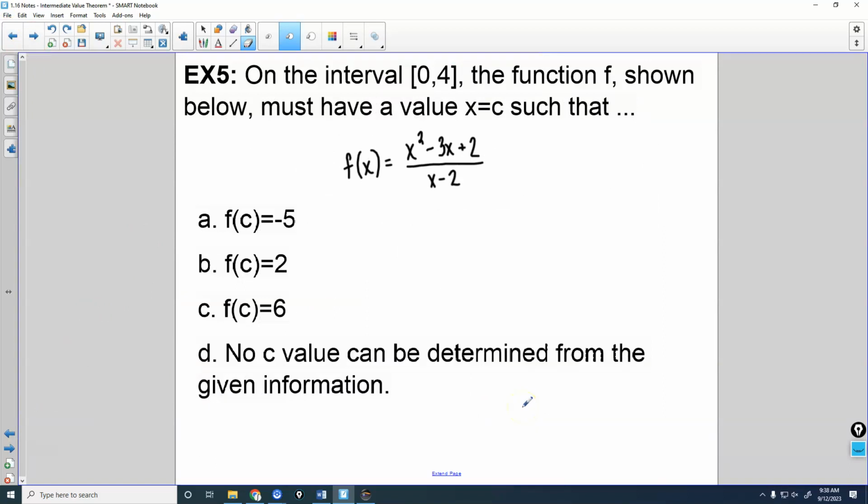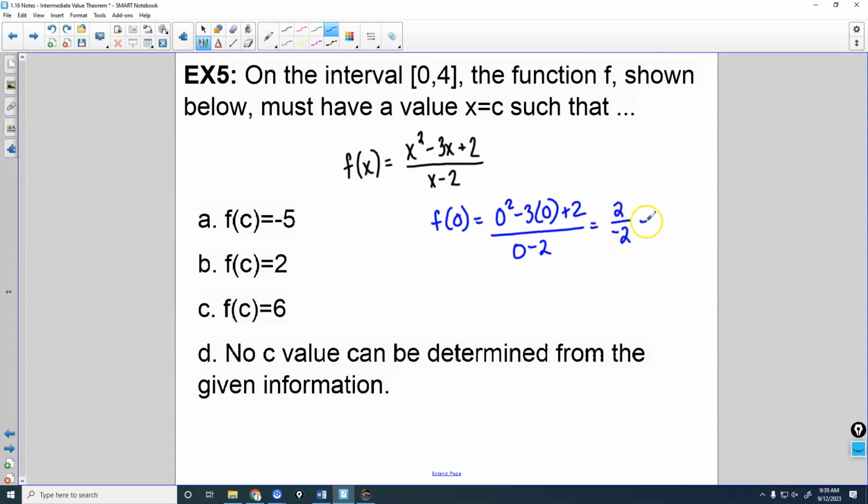All right, from 0 to 4, the function shown must have a value x equals c such that. So here, if we do f of 0, this would be calculator inactive. We'd have 0 squared minus 3 times 0 plus 2 over 0 minus 2, which would give us 2 over negative 2, which would give us negative 1.